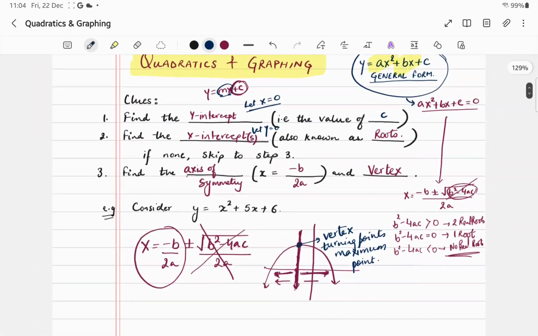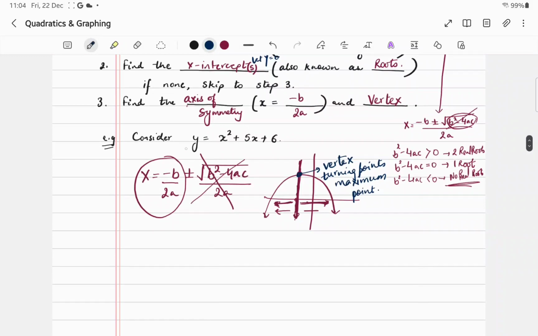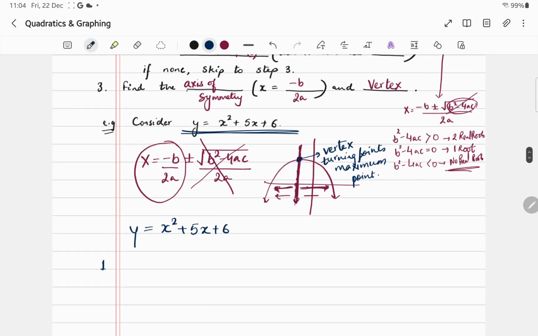Now let's do an example, the one I've already written there. We have y is equal to x squared plus 5x plus 6. The first step is to find the y-intercept. For that, we let x be equal to 0. When x is 0, we get y is equal to 6.